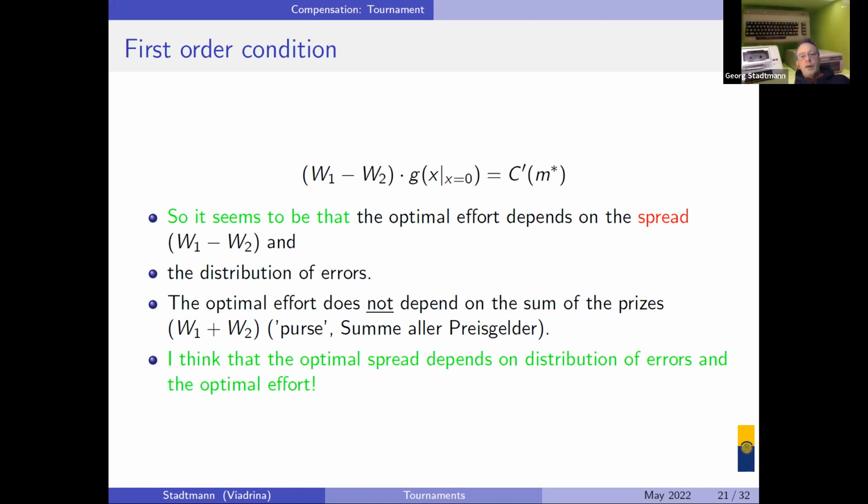So this is the interpretation in the article, but I think that this is different. When I look at it, especially later on in our numerical example, I don't think that the optimal effort depends on the spread and the distribution of errors. I think it's the other way around. I think that the optimal spread depends on the distribution of errors and the optimal effort.